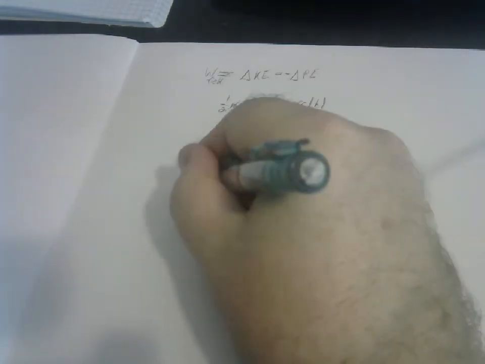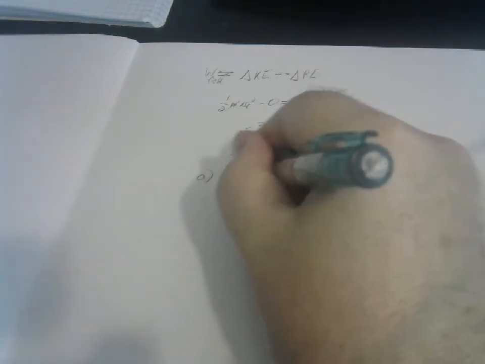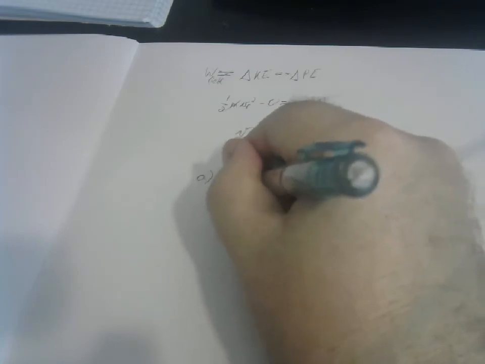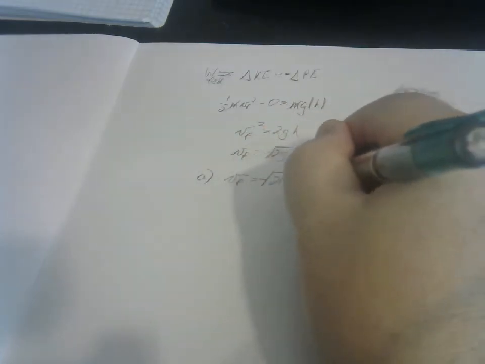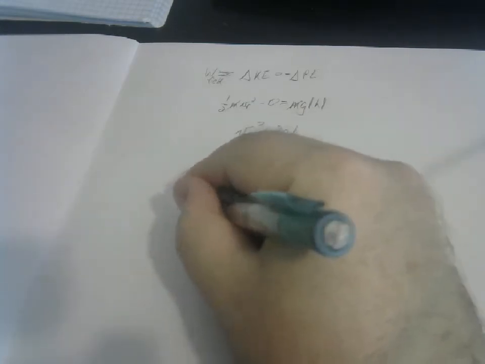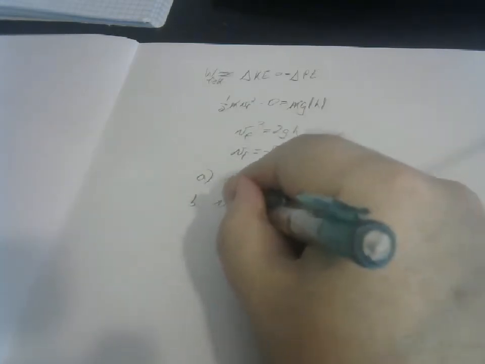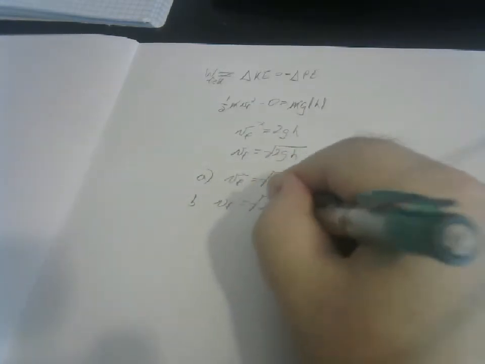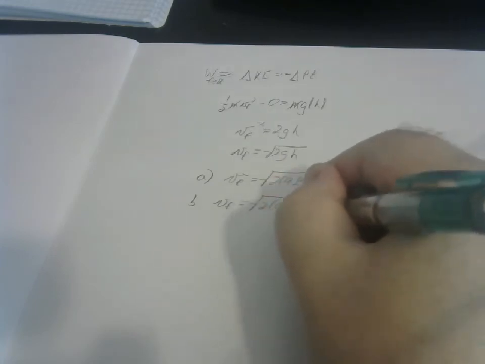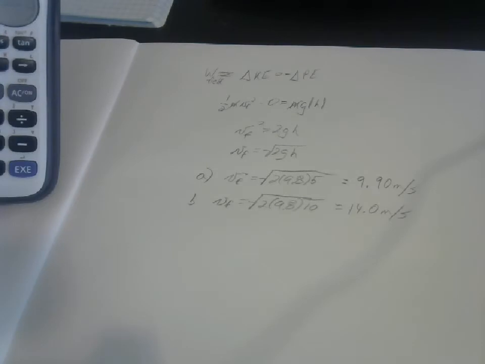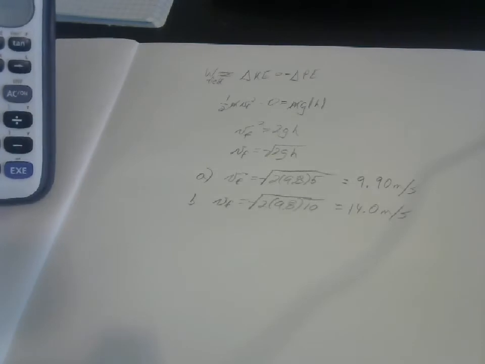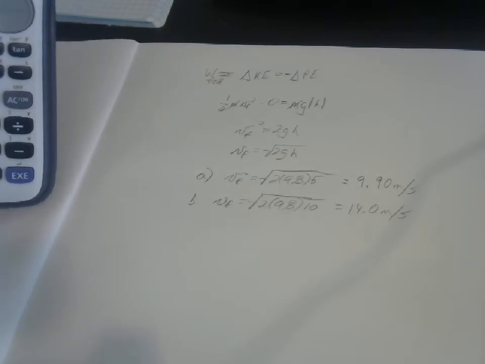And so for part A, v final is square root of 2 times 9.8 times 5. And for part B, v final equals square root of 2 times 9.8 times 10, which come out to be 9.90 meters per second and 14.0 meters per second.